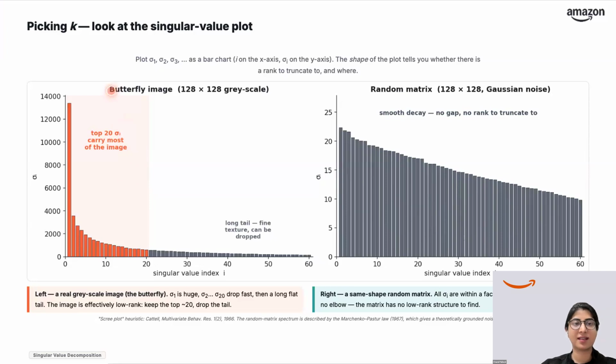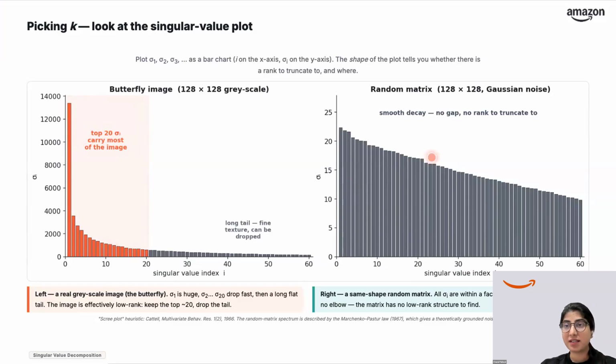Since this is an image, there is data correlation, some structure to the image, so the top singular values contain the majority of the information, and we see this sort of plot for the singular values.